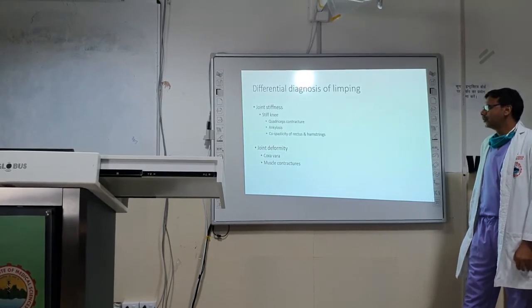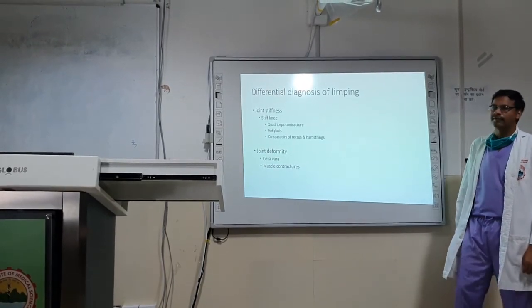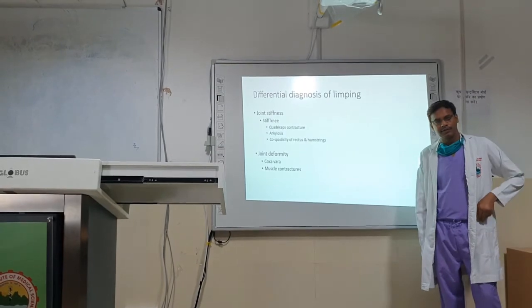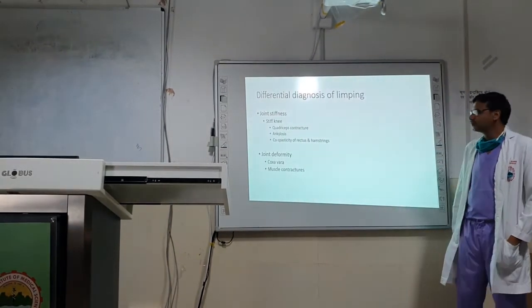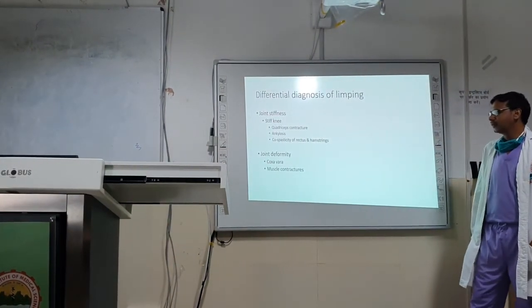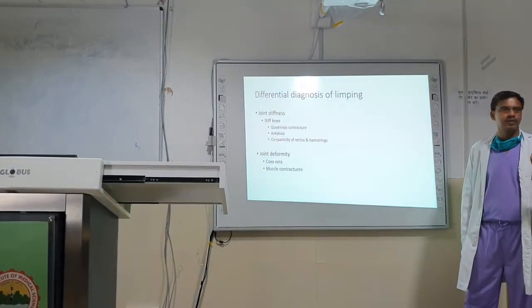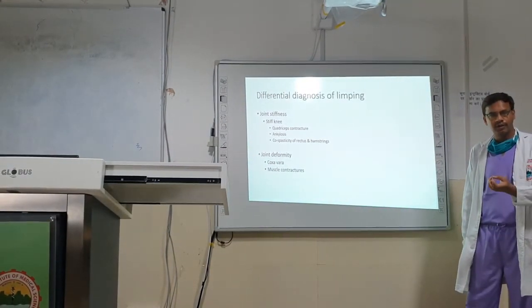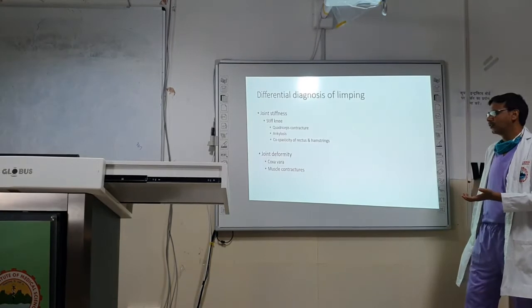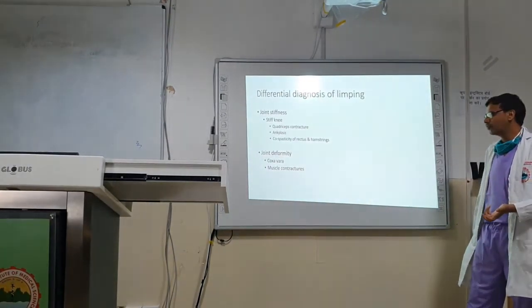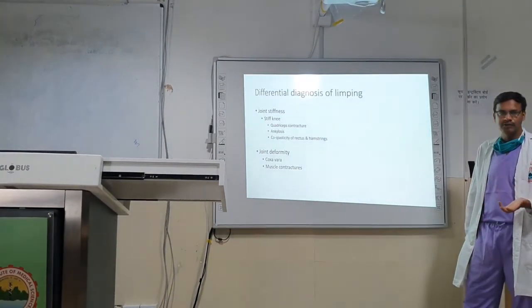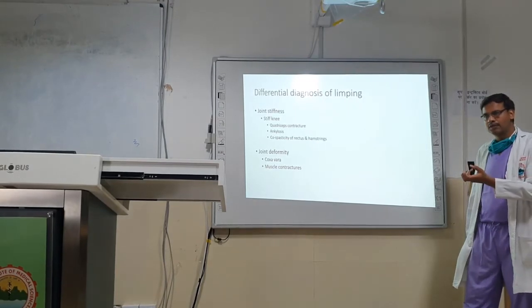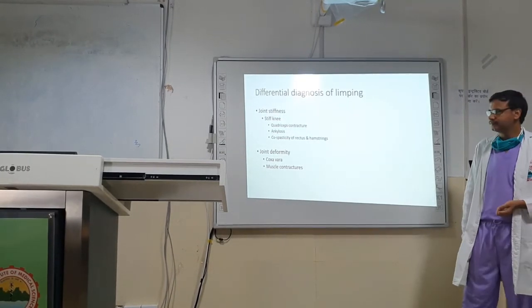Now the third DD of limping is joint stiffness. Stiff knee, most commonly. It may be because of quadriceps contracture, it may be because of some injection in the quadriceps, ultimately leading to contracture, or maybe infection, or maybe trauma. It may be ankylosis because of some juvenile idiopathic arthritis.